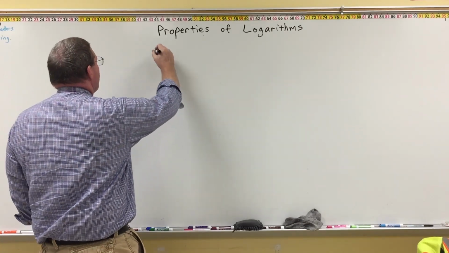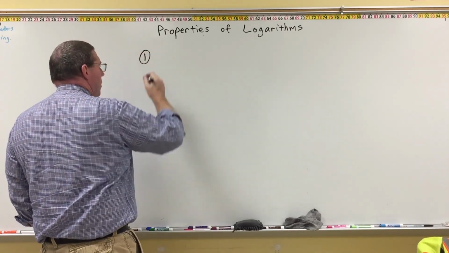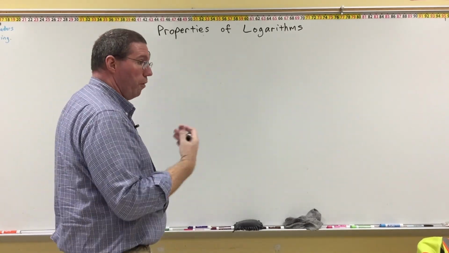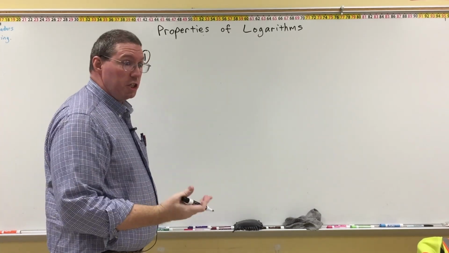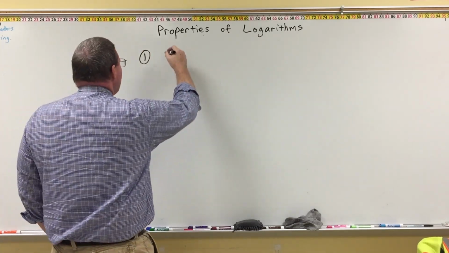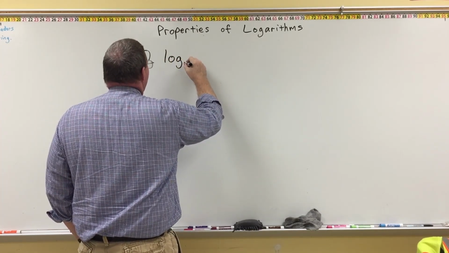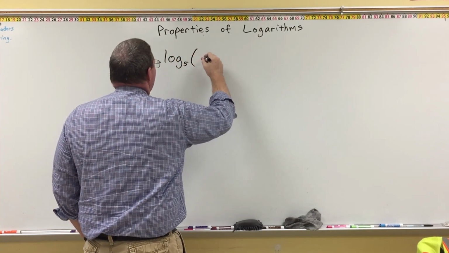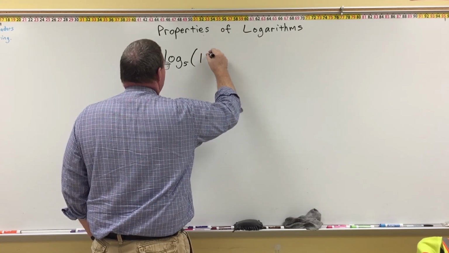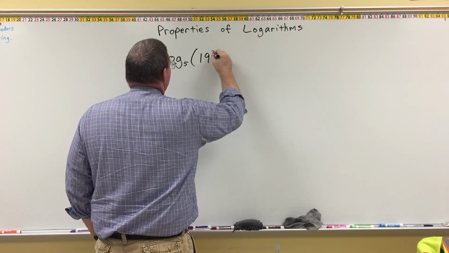The first property, it's not called the first property of logarithms, it's just the first one I'm going to show you. Let's say that we had a logarithm like log base 5 of 19 to the third power.